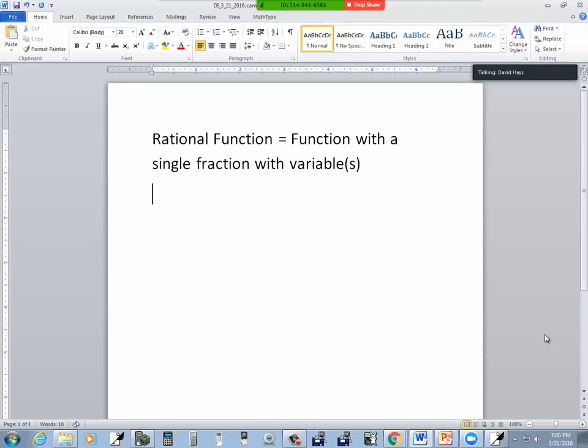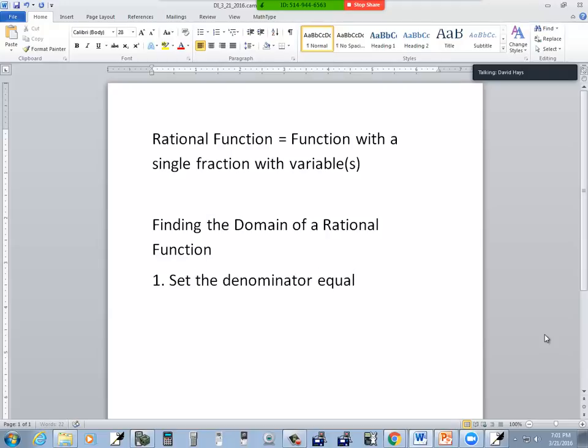To find the domain of a rational function, first thing you do is you set the denominator equal to 0, and then you solve.